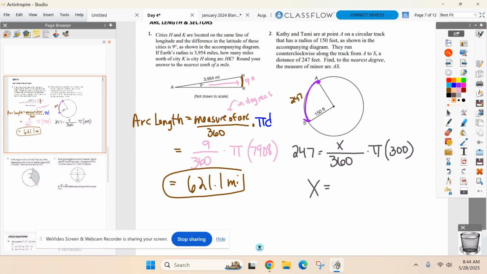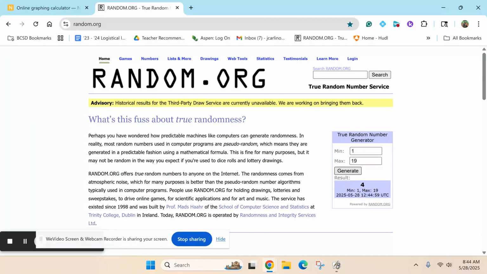And I want to remind you of a hack too, in case you're nervous about solving this. And let me know when you're ready, nearest degree there.